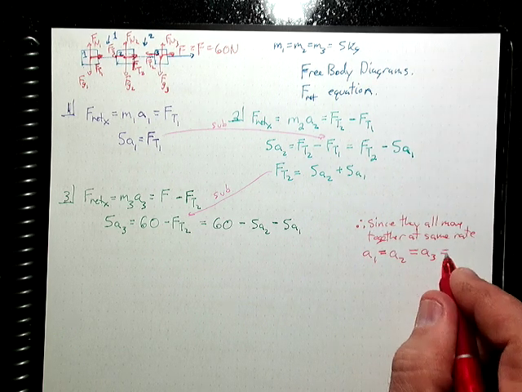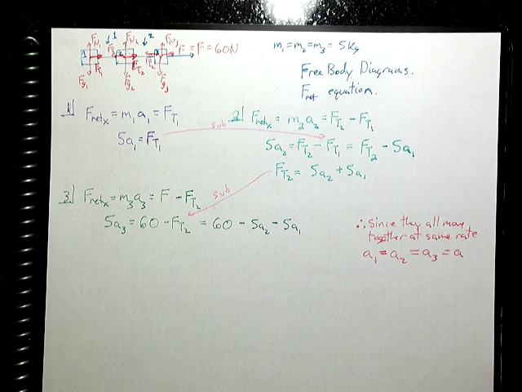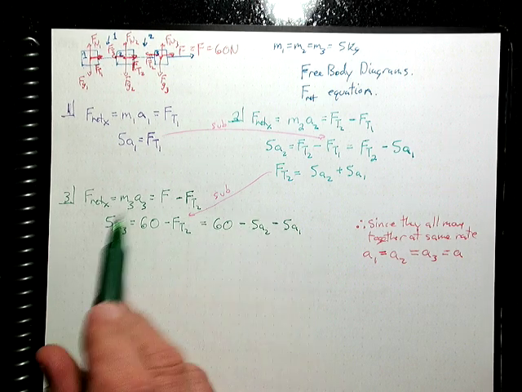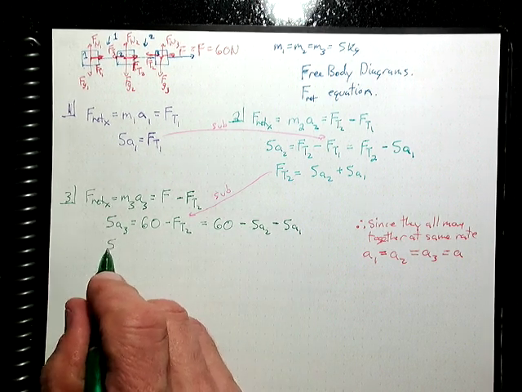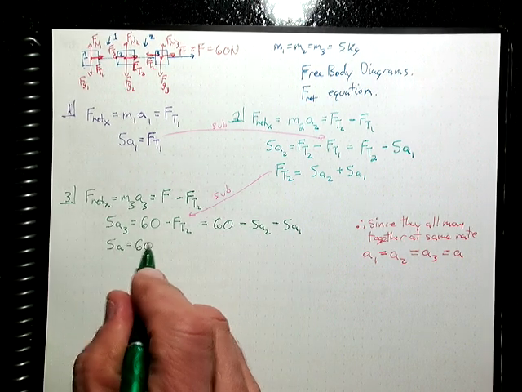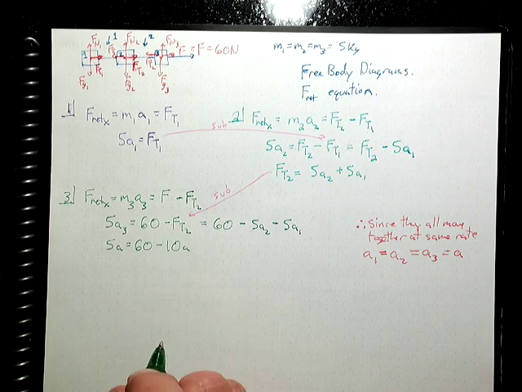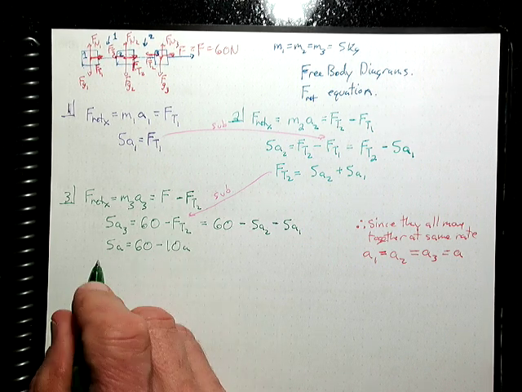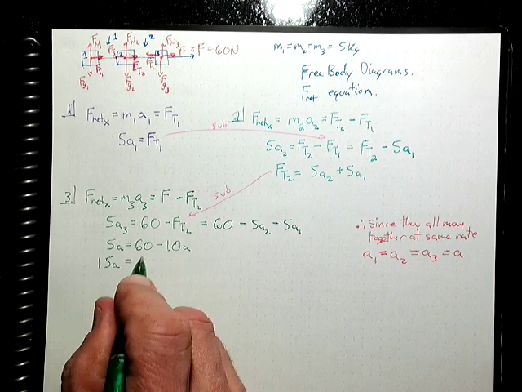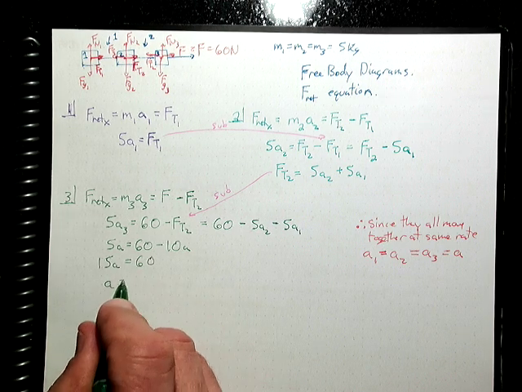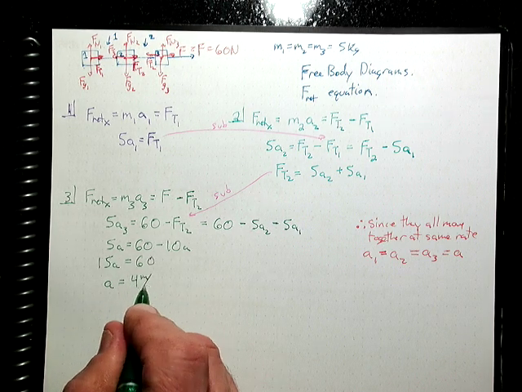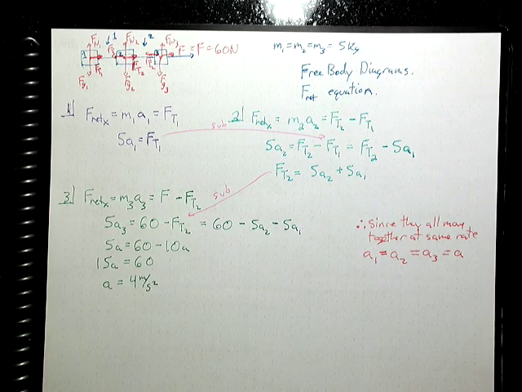So we're just going to call that a. Which means if I go back over here, I get 5a equals 60 minus 10a. I bring the 10a over to the other side, 15a equals 60, and I get that a equals 4 meters per second squared.